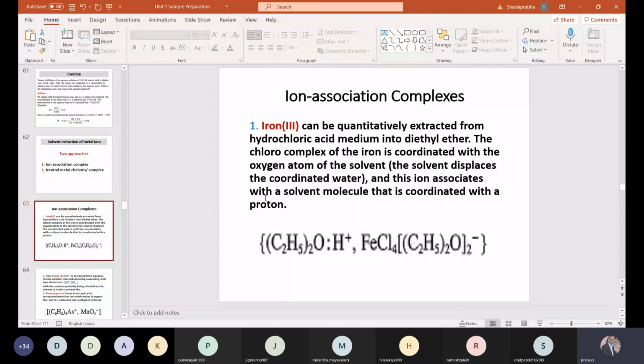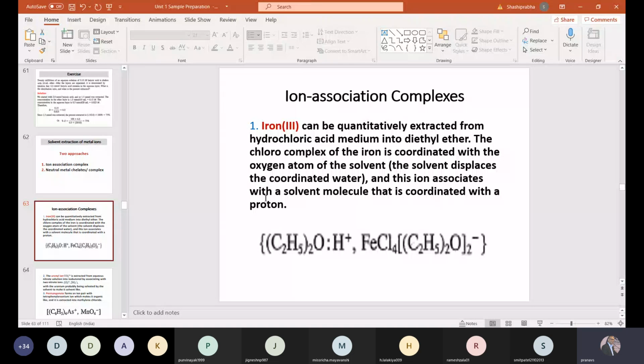This is a very interesting case, because there is no complexing agent at all for neutralizing the charge on iron. What is the system? You take an iron solution, but that is prepared in HCl medium, and then you extract into diethyl ether.